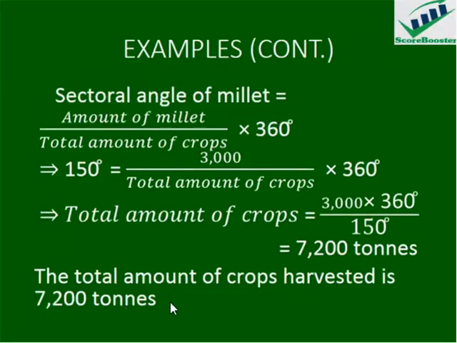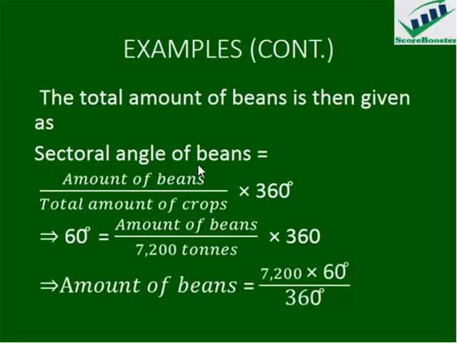So since we now know the total amount of crops harvested and we know the sectoral angle of beans, we now use this information to obtain the amount of beans harvested for that particular year. So also we use the formula for sectoral angle. The sectoral angle of beans equals amount of beans over total amount of crops times 360. So the sectoral angle of beans is 60, which is the amount of beans, the unknown, divided by the total amount of crops, which we just obtained to be 7,200 tons, times 360.